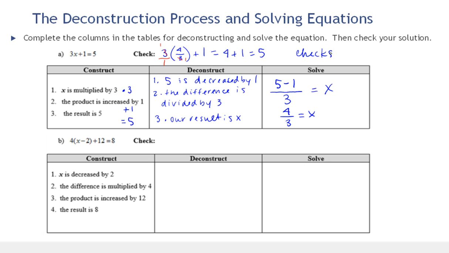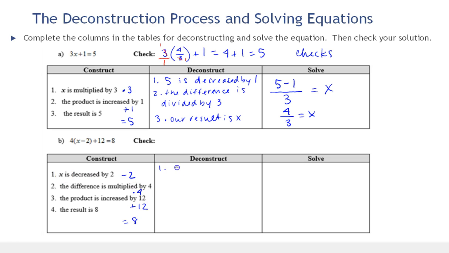Let's look at the next one. So let's put our shorthand like we did here. So we decreased by 2. We multiplied by 4. Then we increased by 12, and the result was 8. Okay. So now we're going to start with 8, reverse this process to get back to x.